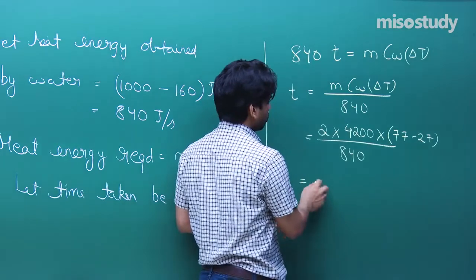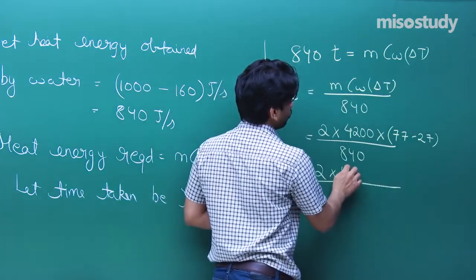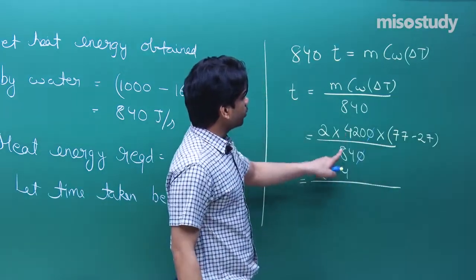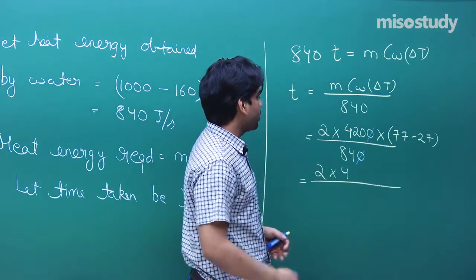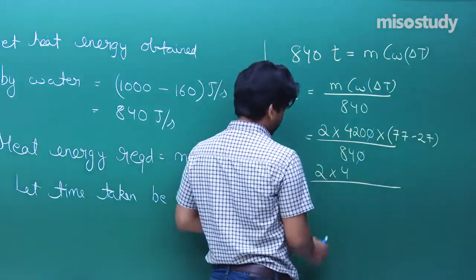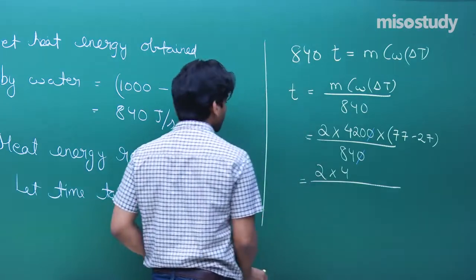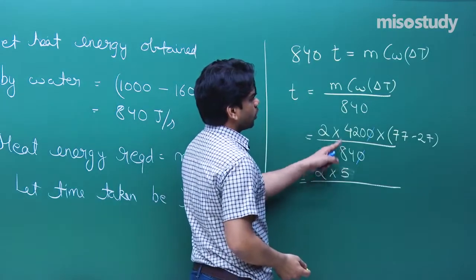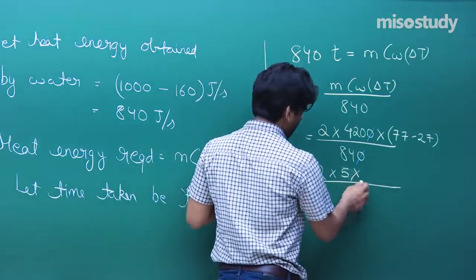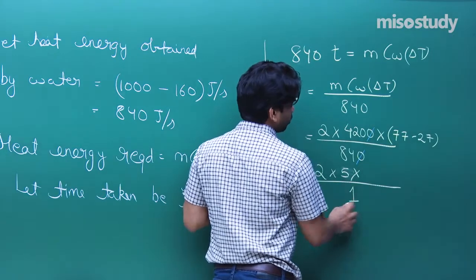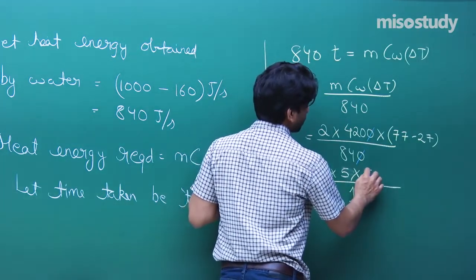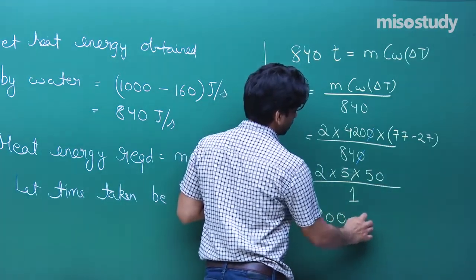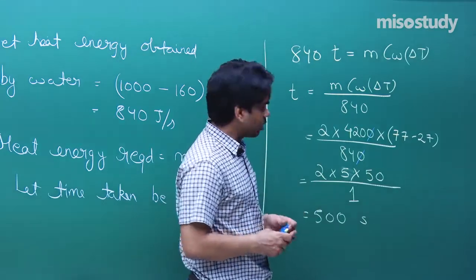This turns out to be 2 into 4200, we can cancel out the 10 and 10. The rest, you see 42 into 2, and 84 and 420 will go 5 times. Finally you will have 10 by 2, you get 5, multiplied with 50. So this comes out to be 500 seconds. This is what we can obtain.